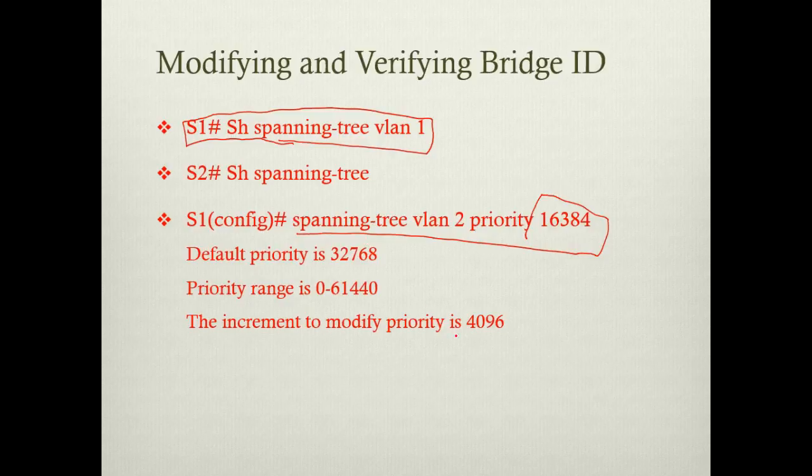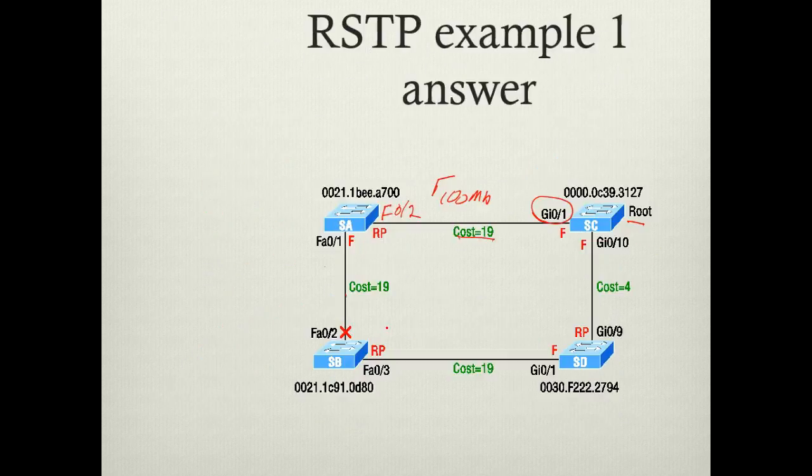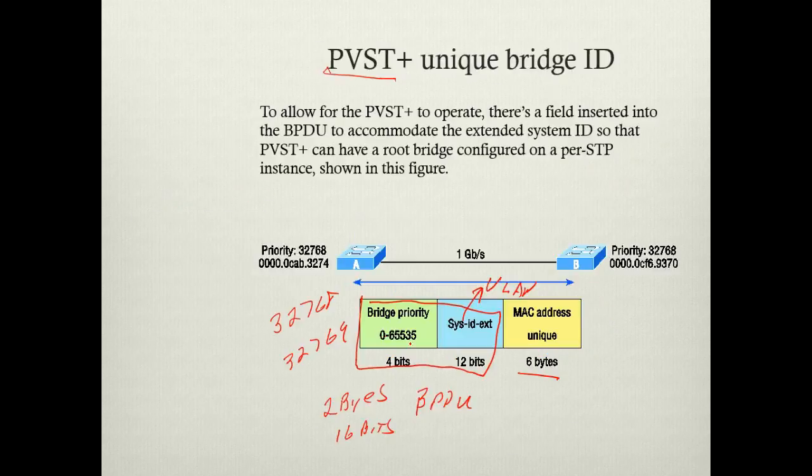Once we do per VLAN spanning tree, the priorities have to be in increments of 4096. The reason is, if we go back to this guy, we have 12 bits here, and if you go 2, 4, 8, 16, 32, 64, 128, 256, 512, 1024, 2048, 4096, that is the 12 bits.